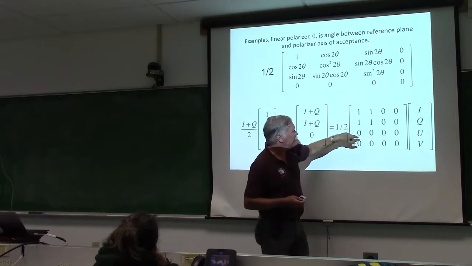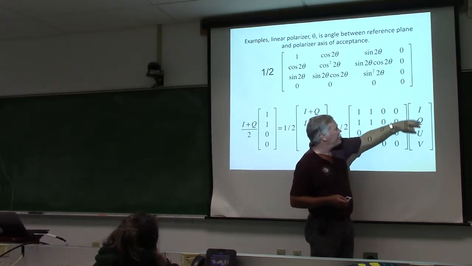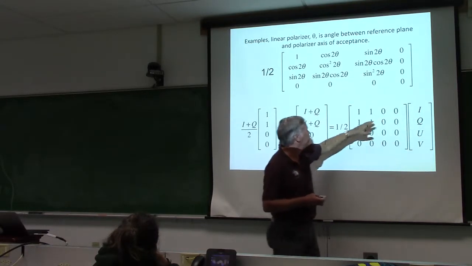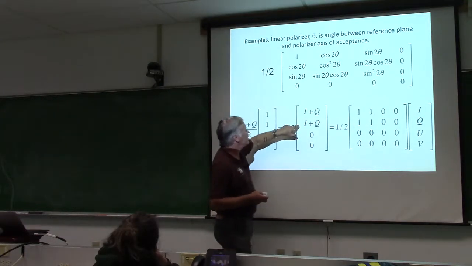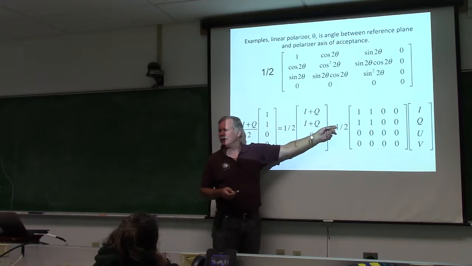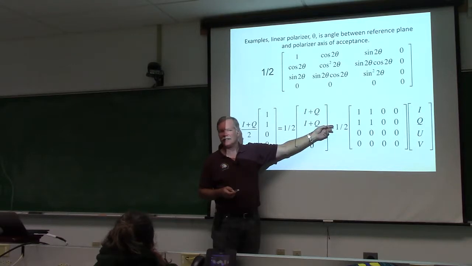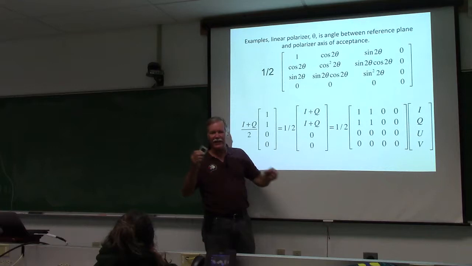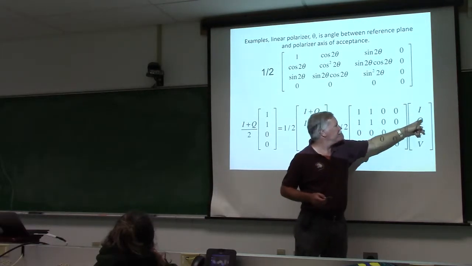It looks like this. So any light coming in, I, Q, U, and V, no matter what it is, you multiply it by this, and what you're going to get is... why is this half here? Because when you're fully off, you get half pass. If it's unpolarized and goes through here, you would just have 1, 0, 0, 0.